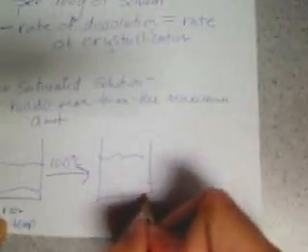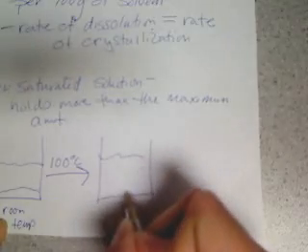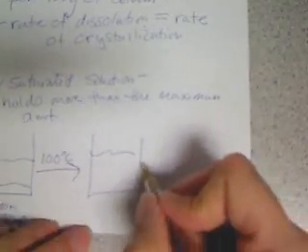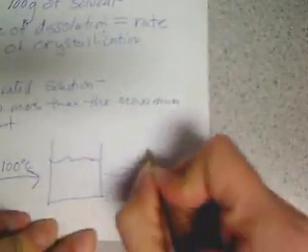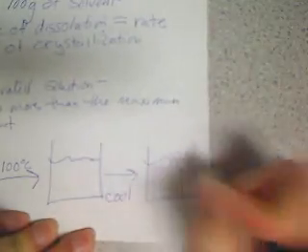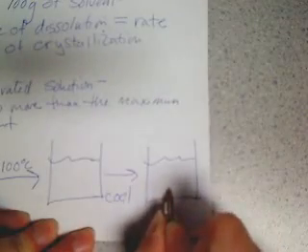So now I have a solution that holds more than the maximum amount. Okay? Now, the key is, though, this has to cool down. So we heat it to 100 degrees C, everything dissolves, and then it has to cool. And then at this point, now this is supersaturated.